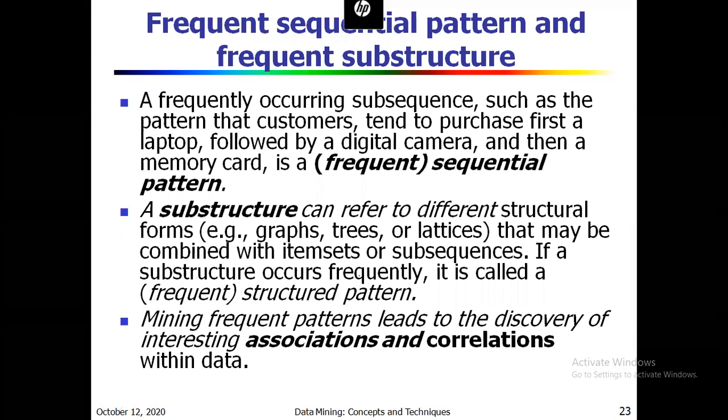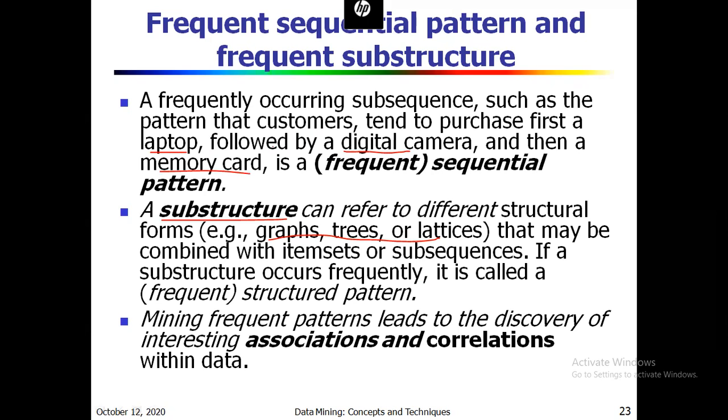And frequent structure. Frequent structure is in fact the representation of this in the form of graphs, trees, or lattices. Then we have the frequent sequential pattern. For example, a customer first purchases a laptop, then a digital camera, and then a memory card.